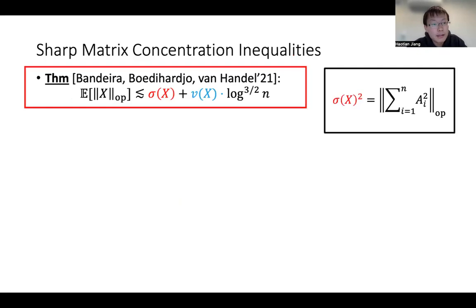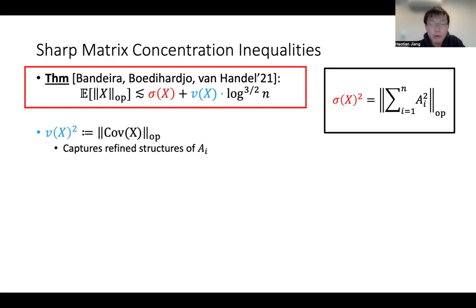But luckily, recently there has been a breakthrough by Bandeira, Cipolloni, Schröder, and van Handel, who proved a more refined version of the non-commutative Khintchine inequality. They proved that the expected operator norm of X is at most sigma(X) plus a different parameter v(X) times a poly-logarithmic factor. So what is v(X)?